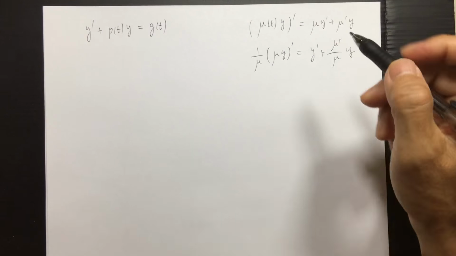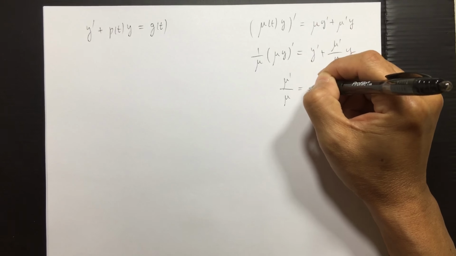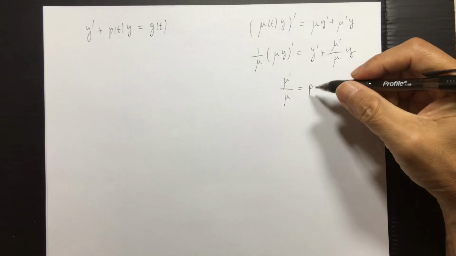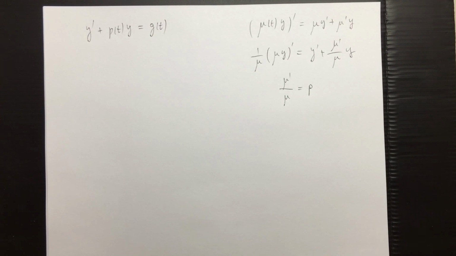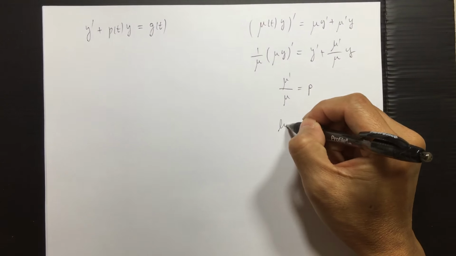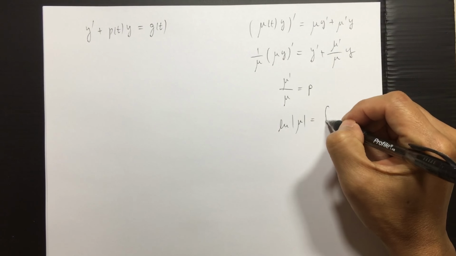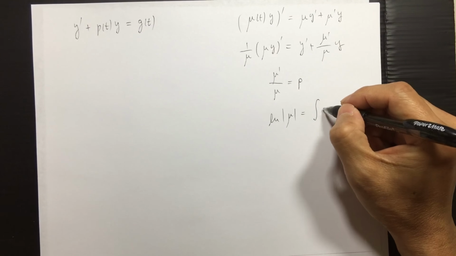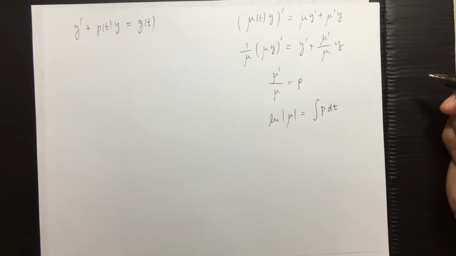This is if you make this side and this side the same. In order to make this, log mu equals the integral of p, right?